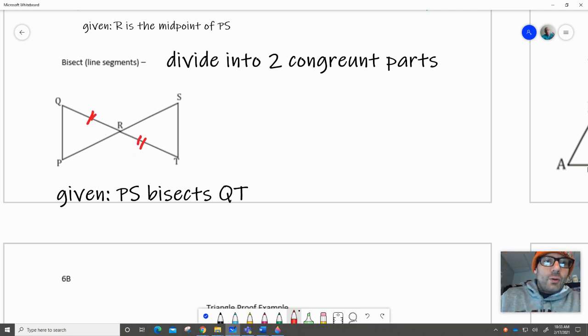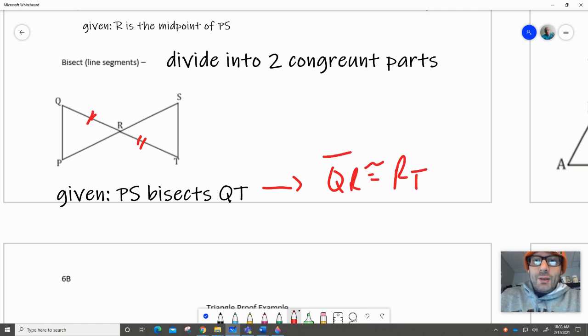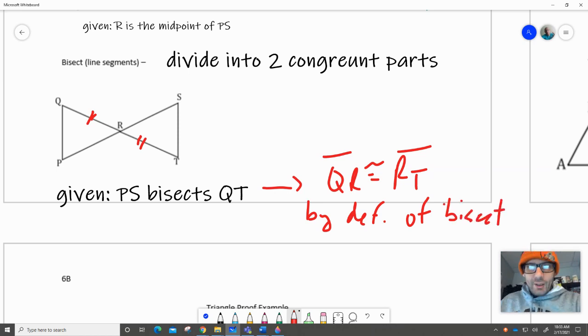So if they give us that PS bisects QT, we can state for a fact that QR is congruent to RT, by the definition of bisect. We know that bisect means to cut in half, to divide into two congruent pieces.